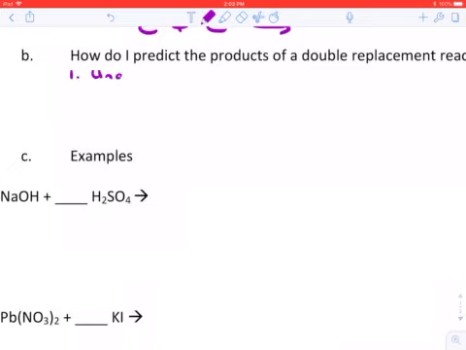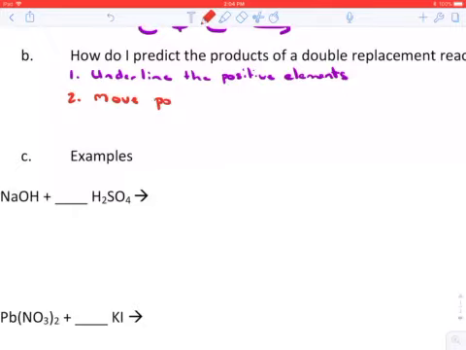First step is we're going to underline our positives. And yes, eventually you won't have to do this, but for right now, I would like you to start by underlining the positive elements. And then we're going to move positive elements to the other compound.